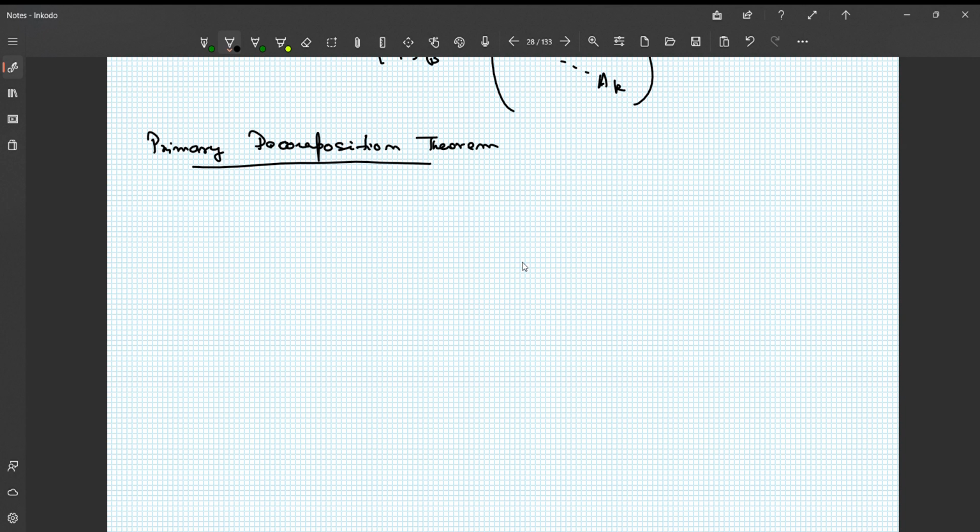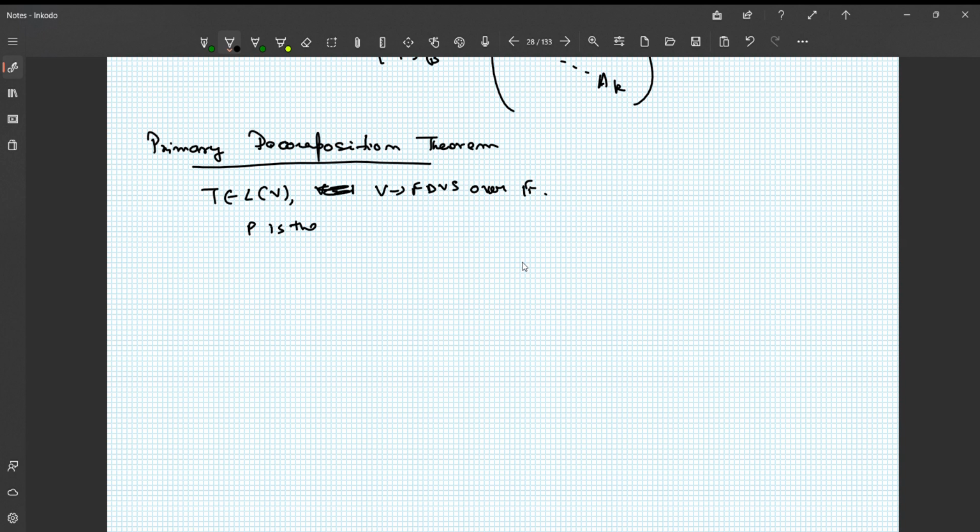So what does the primary decomposition theorem say? We have T to be a linear operator on a finite dimensional vector space V over some field F. I'm writing it in brief.